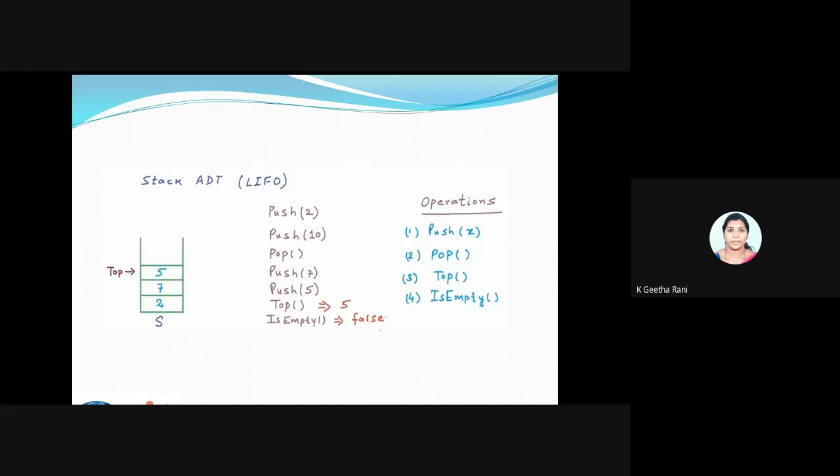For that arrow, we will learn whether it's an index or a pointer during our implementation process. And isEmpty checks whether my stack is empty or not. If it is empty it gives me true. If it is not empty it gives me false. These are the basic operations under your stack.